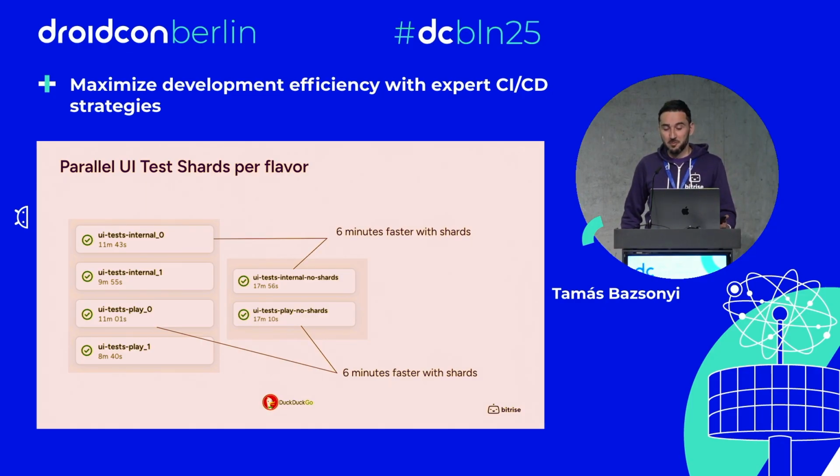And this is basically the best use case, I would say, for test sharding, because UI tests tend to be super long running, and running in parallel can always help you either decrease the overall execution time of a single test suite or allow you to run on multiple devices in parallel without making your whole test process super long.